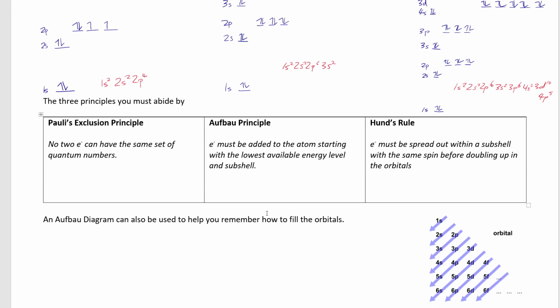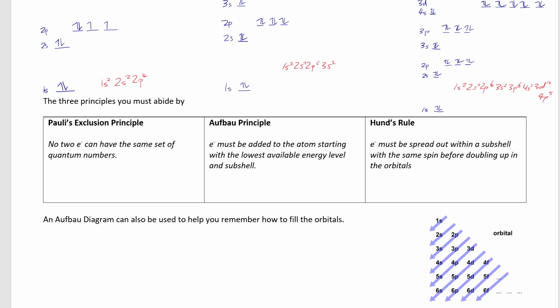3 principles you must abide by. Pauli's exclusion principle: no two electrons can have the same set of quantum numbers. So that means that each electron within the atom has its own unique set of quantum numbers. So for example, this electron, one of these electrons here, has n equal to 1, l equal to 0, m sub l equal to 0, and if we looked at this one right here, m sub s is equal to -1/2.